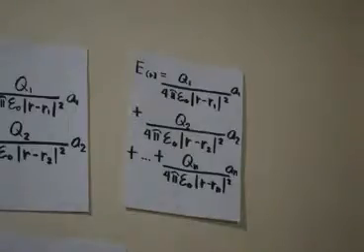The vectors are R sub 1, R sub 2, R minus R sub 1, R minus R sub 2, a sub 1, and a sub 2.